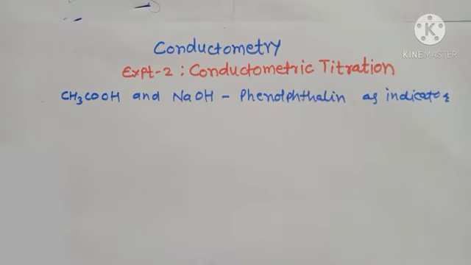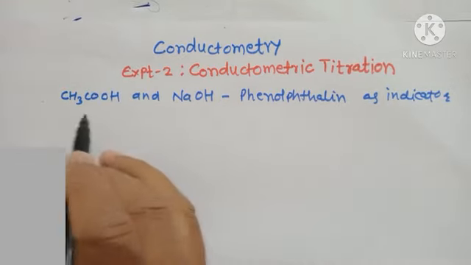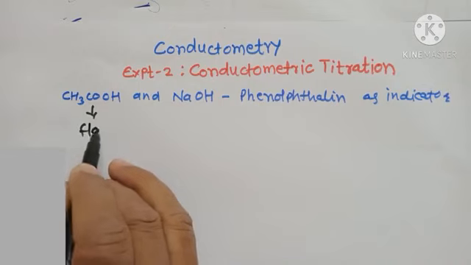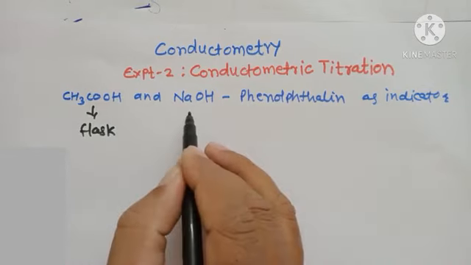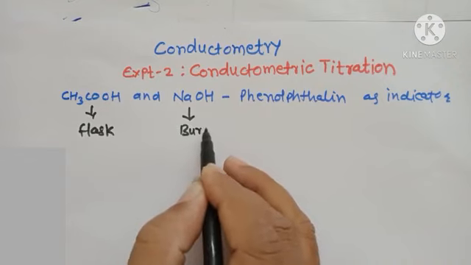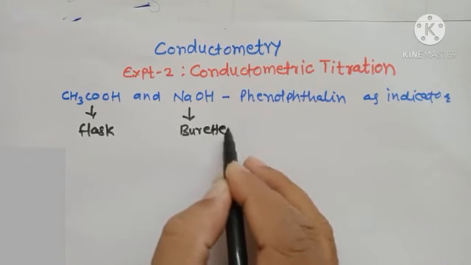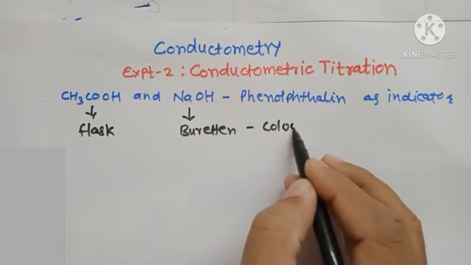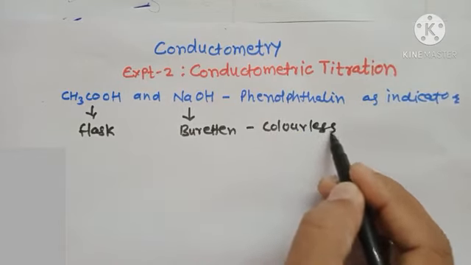At or near the equivalence point, phenolphthalein gives rise to a color change. For example, we have taken acetic acid in the titration flask, and NaOH is added from the burette. Then the end point is colorless to pink.